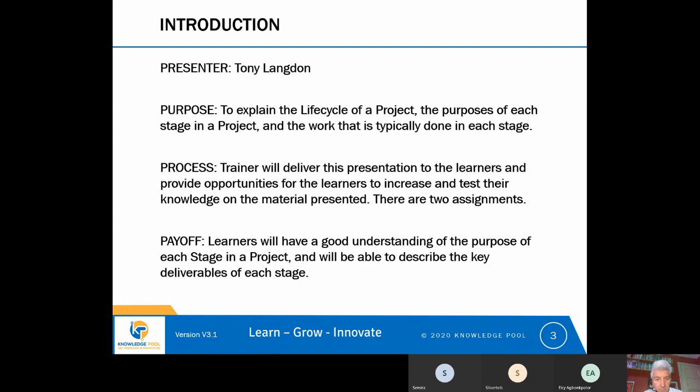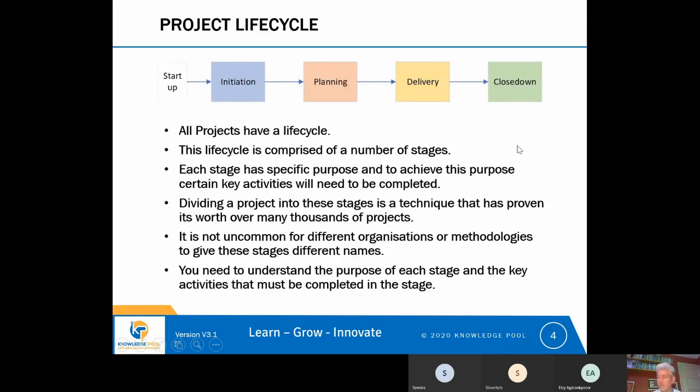So the payoff of this session will be that you have a good understanding of the purpose of each stage within a project, and you'll be able to describe the key deliverables within each stage. Because all projects have a life cycle.